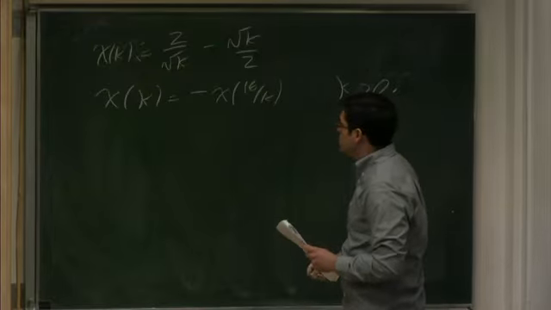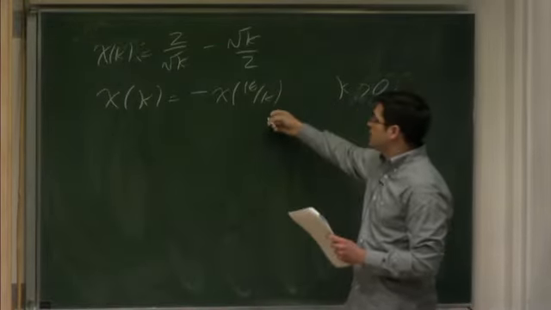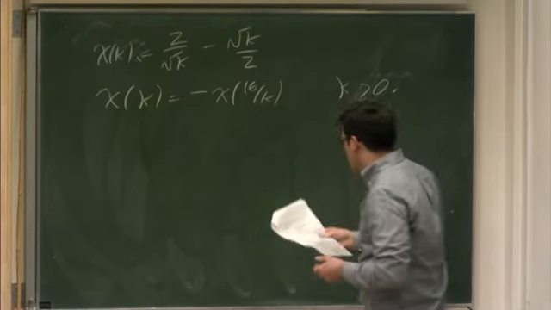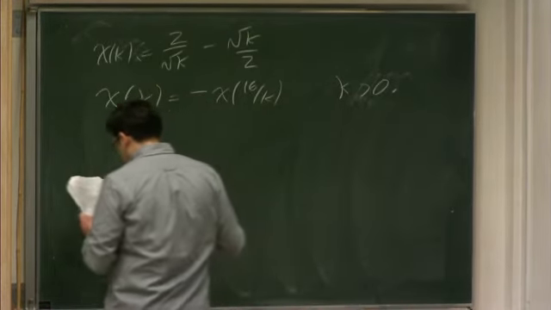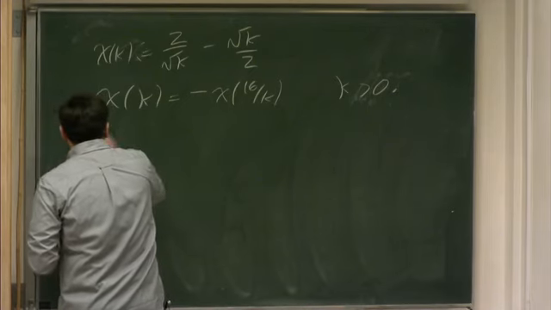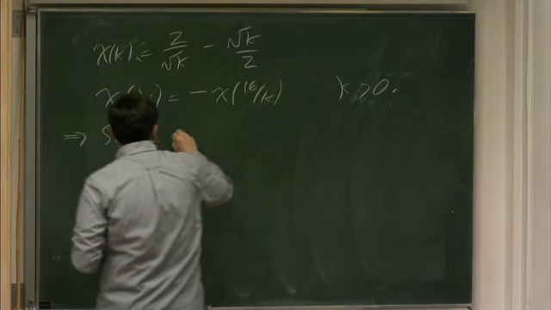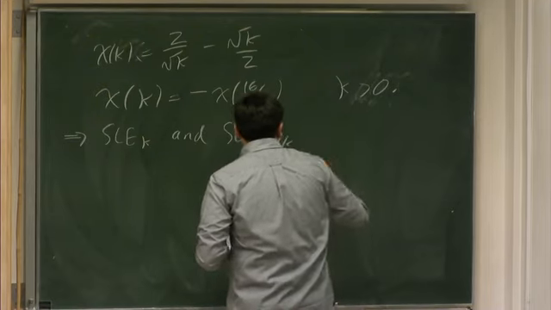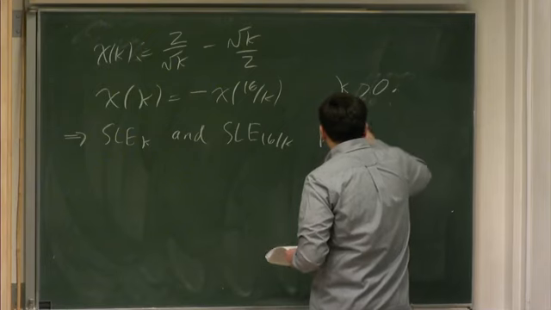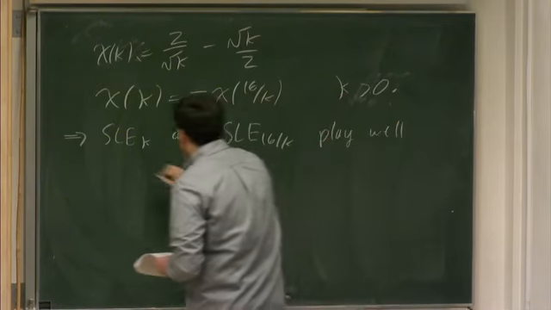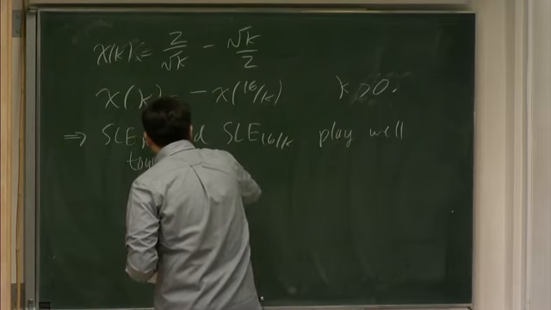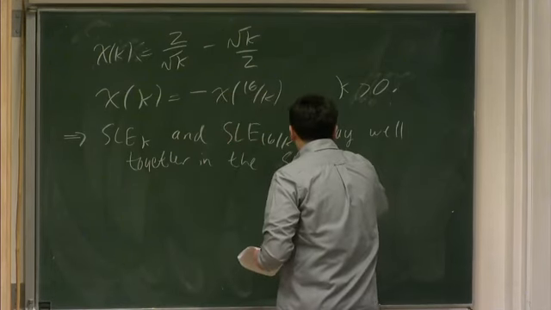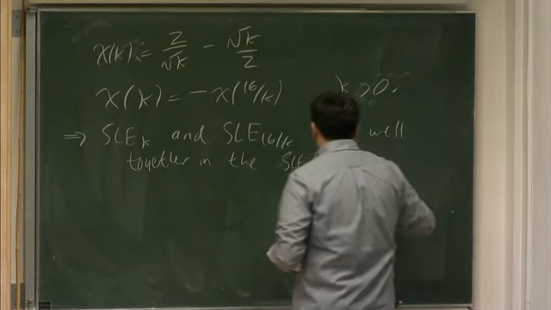So you have this relationship between chi of kappa and chi of 16 over kappa. This chi comes in the change of coordinates formula for the Gaussian free field. What this tells you is that couplings between SLE kappa and SLE 16 over kappa somehow play well together in the Gaussian free field. They fit together in the SLE Gaussian free field coupling.